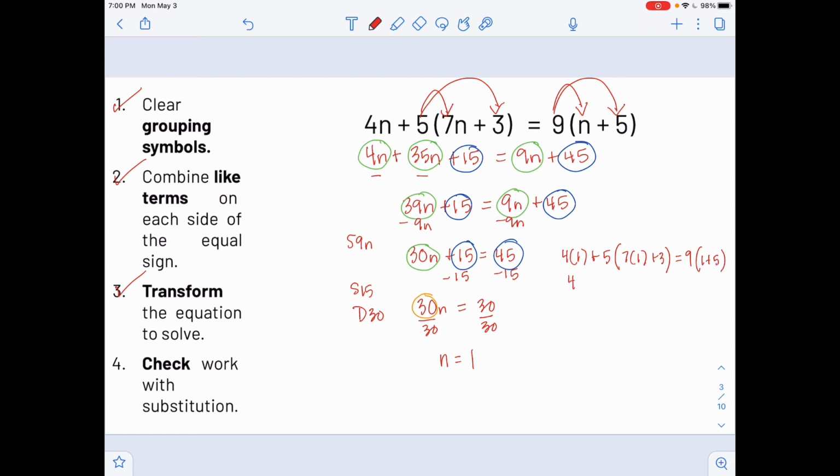And then with the second part, I need to start inside the parentheses. So 7 times 1 is 7. 7 plus 3 is 10. So I have 5 times 10. And 1 plus 5 is 6. So I have 9 times 6. Well, 5 times 10 is 50. And 9 times 6 is 54. So I have 54 equals 54. Check.